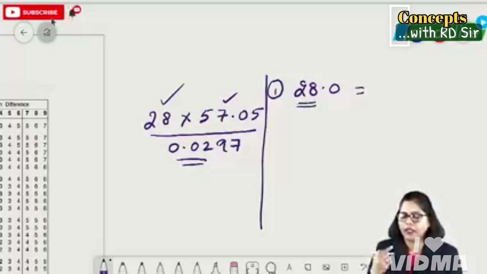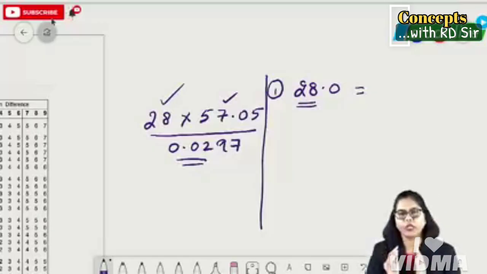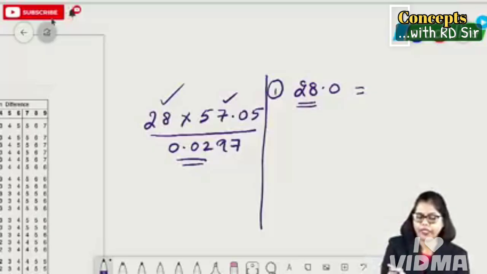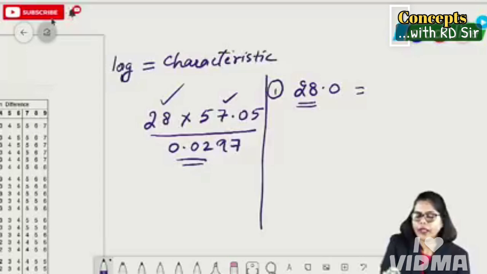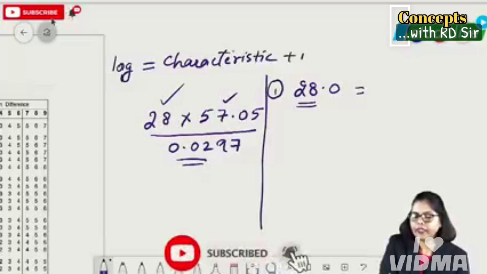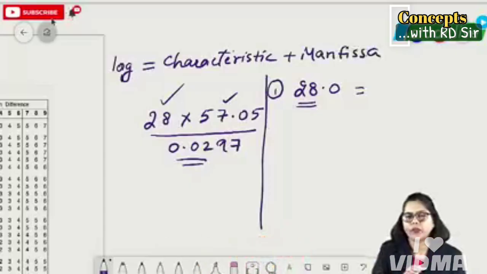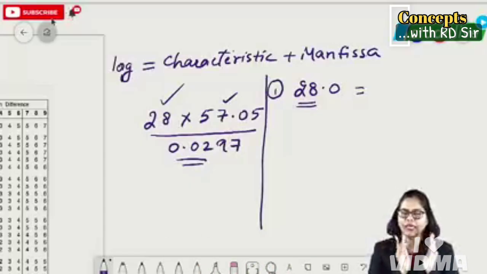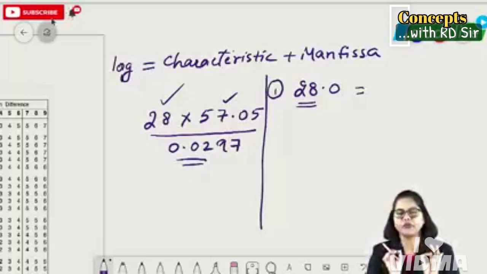If it is more than 0, we are going to calculate two things. For log, the first part is the characteristic, and the second part is the mantissa. That is the first rule for logarithm.